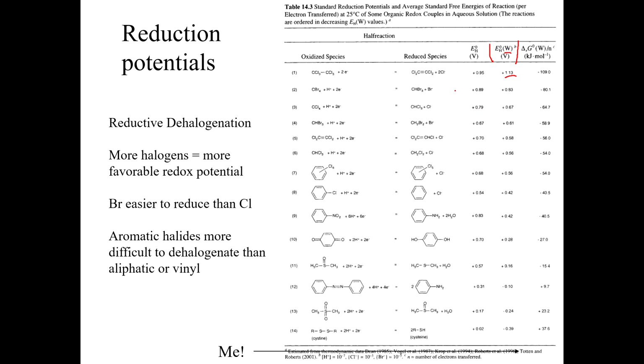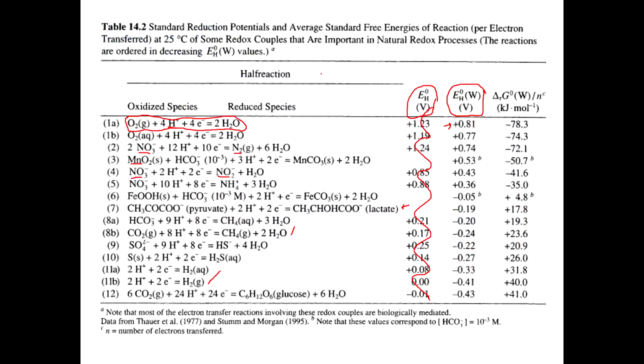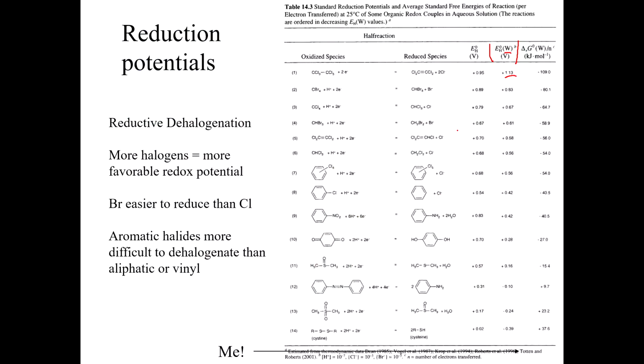That's a very favorable reaction, which means that this is a good electron acceptor. Compared to some of the other things we saw in this table, it's actually a better electron acceptor even than oxygen, although you certainly don't want to be breathing hexachloroethane. For bacteria in the subsurface, they might say, wow, that's a pretty darn good electron acceptor. I'm going to use that.